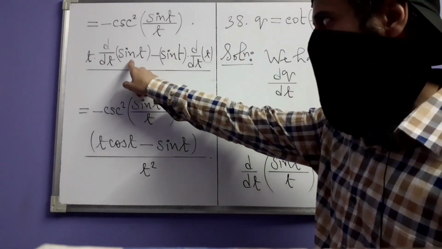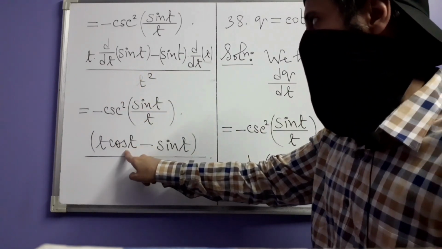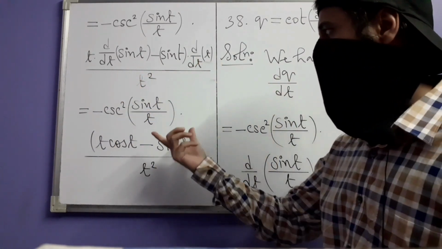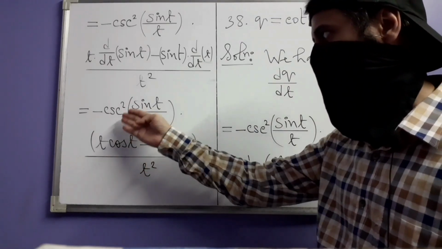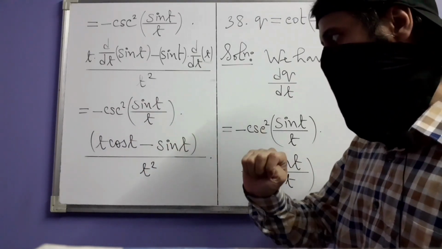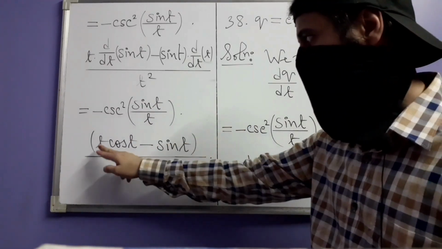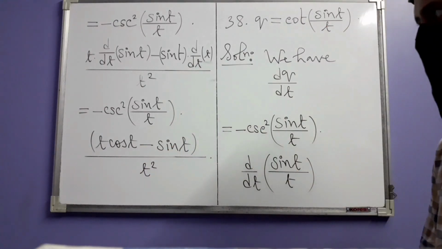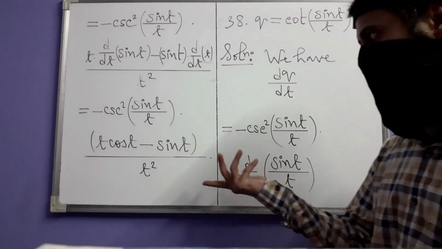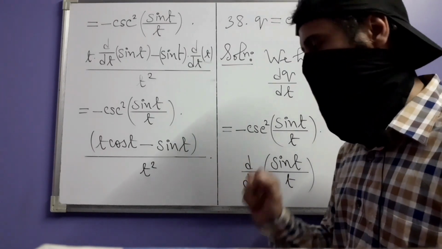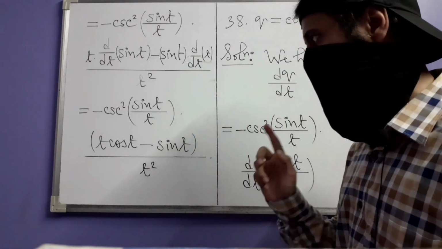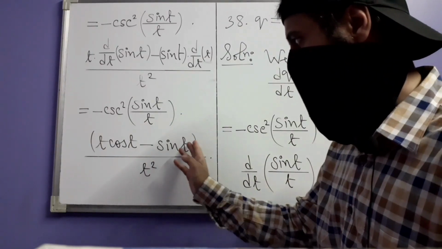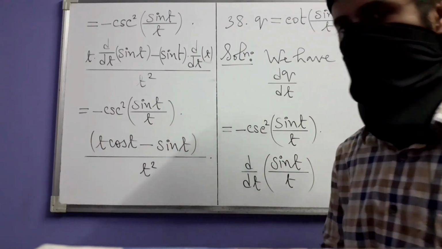So derivative of sine t with respect to t is cos t, and derivative of t with respect to t is 1. So this is your derivative, minus cosecant square of sine t divided by t times (t cos t minus sine t) divided by t square. And I don't think you can do anything more to simplify this, except you can do one thing: you can bring this minus over here and make this sin t minus t cos t.